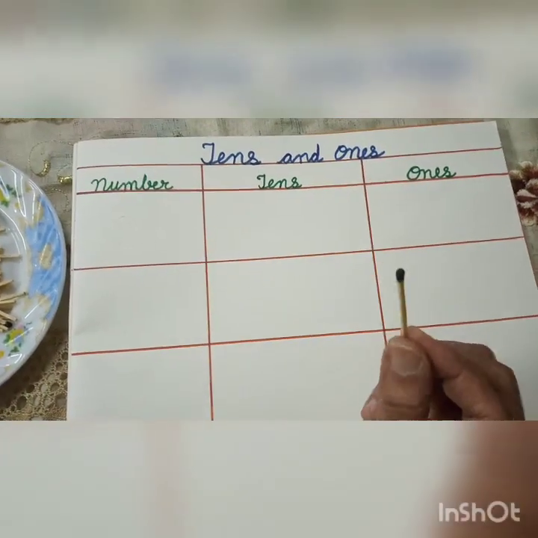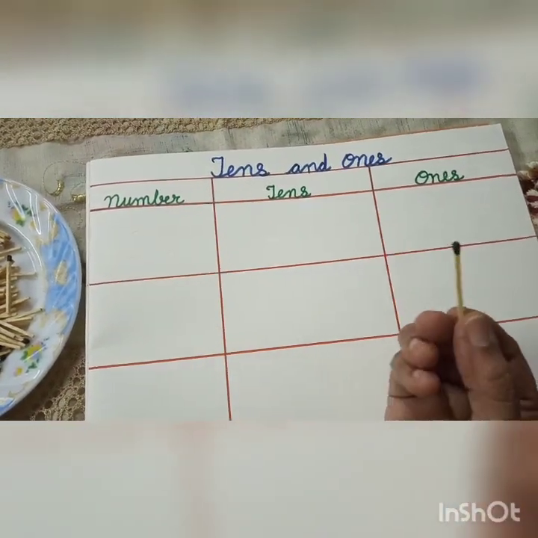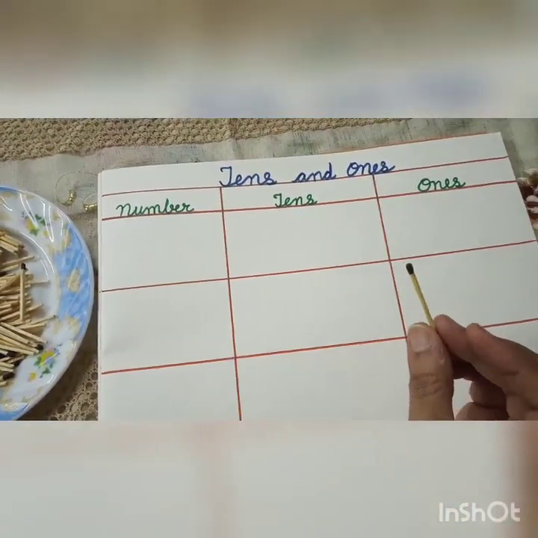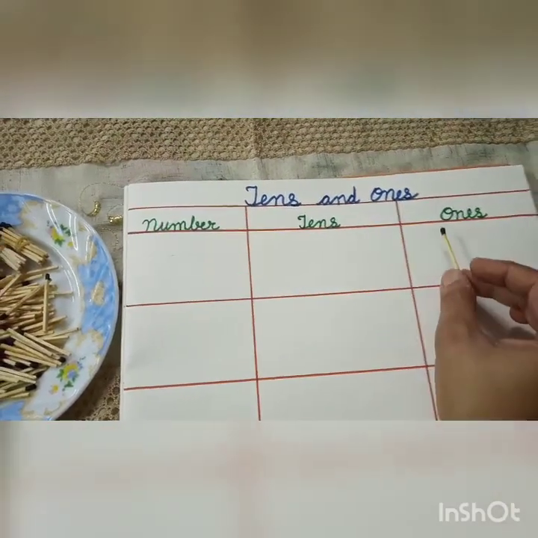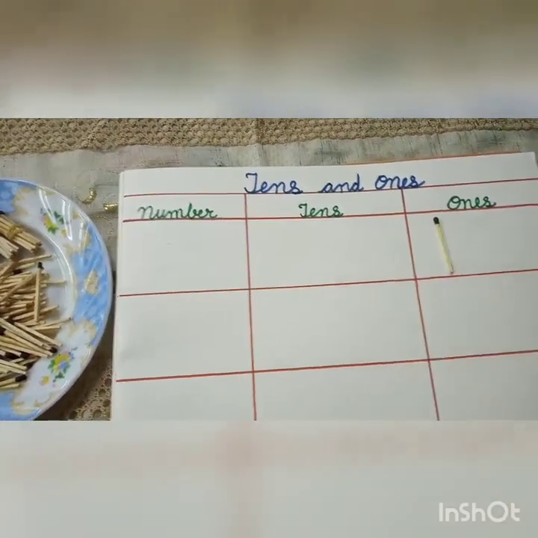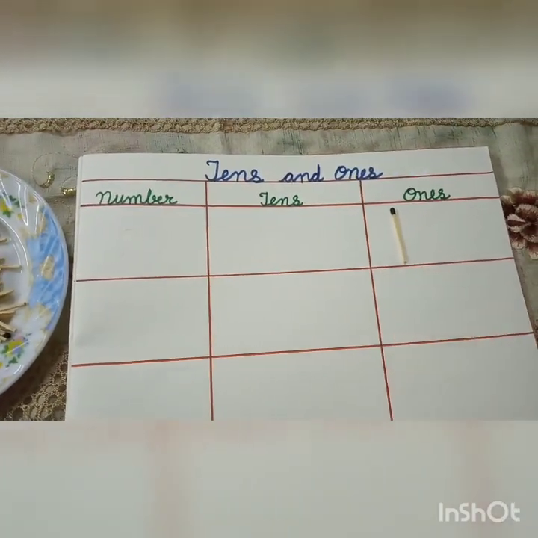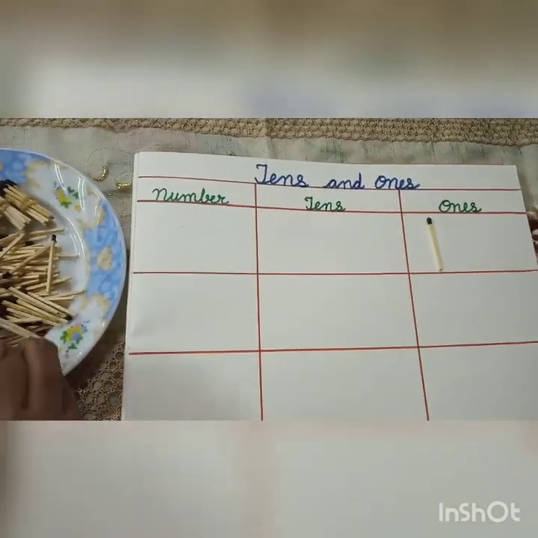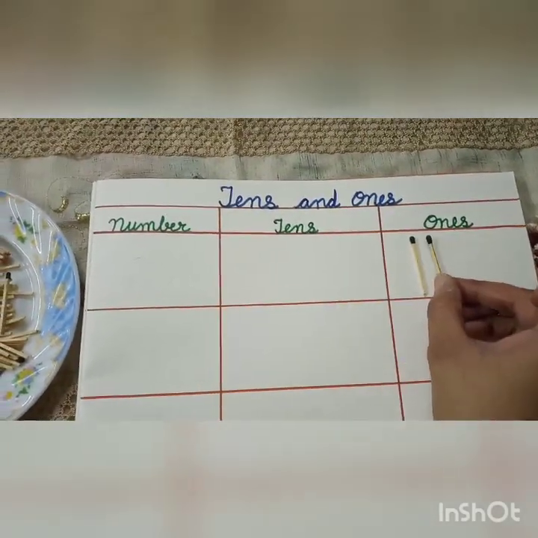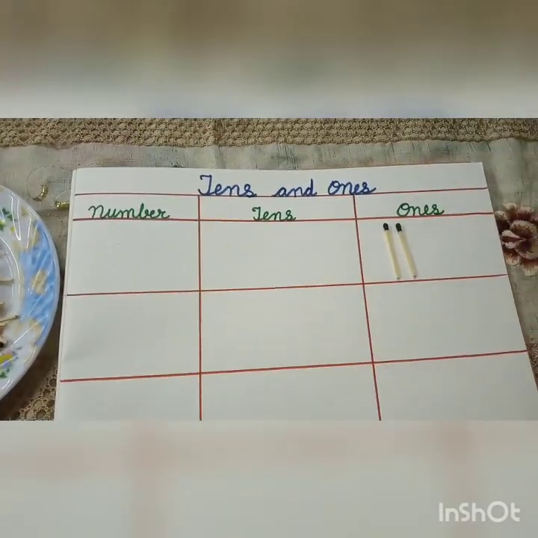How many matchsticks can you see in my hand? This is only one matchstick, so we will put it in the ones column. This is one matchstick. When I add one more matchstick, it will become 2 matchsticks.